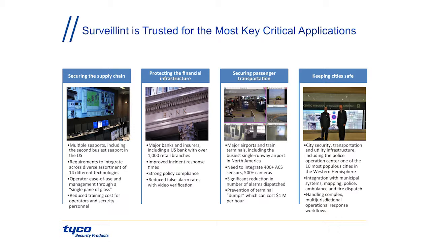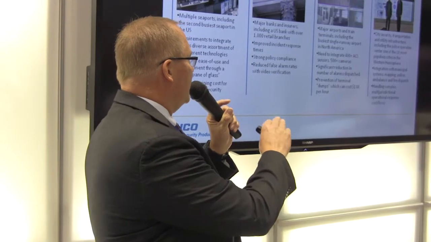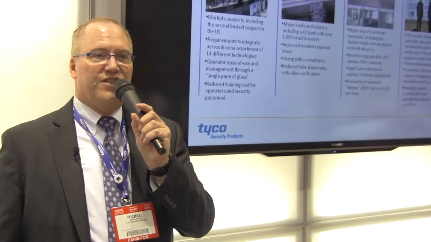A big benefit for them is the ability to integrate with live maps and to integrate with incident reporting systems and with computer-aided dispatch systems, and also provide an ability to handle complex multi-jurisdictional response to events as they occur.